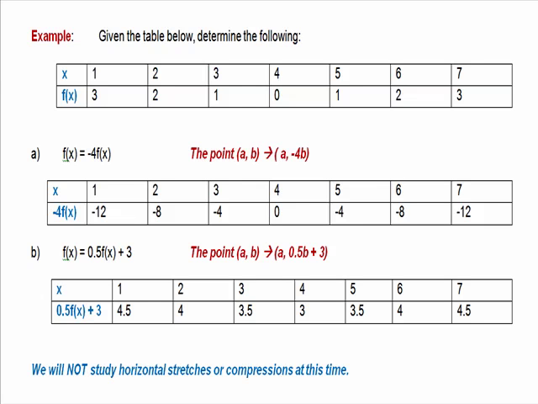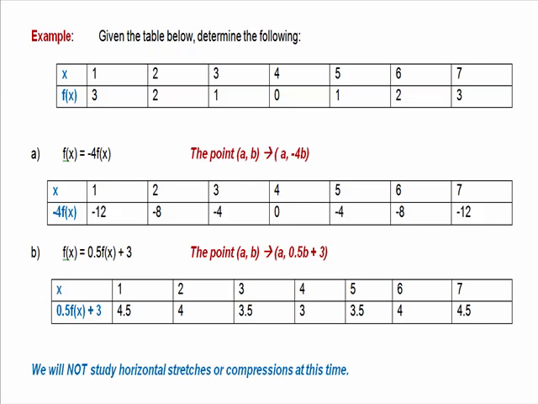Now let's take a look at a slightly more complex one. Our new function, which again I should probably call g(x), is 0.5 f(x) plus 3. Now I have two things going on: a vertical compression and a shift up. Just like following my order of operations before, I have to do that here. I have two choices: I could add 3 and multiply by 0.5, or multiply by 0.5 and add 3.